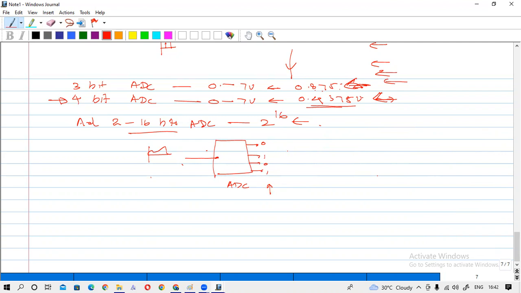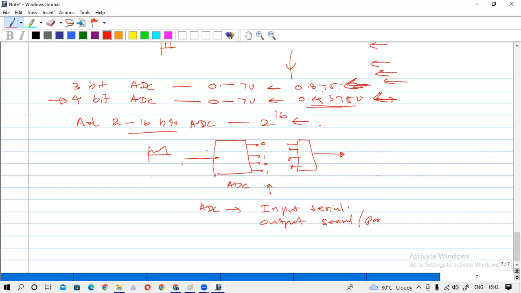But you can convert this parallel bit stream to a serial bit stream using a multiplexer, no issue. There are some ADCs where the input is normally a serial input, but the output may be serial or parallel.